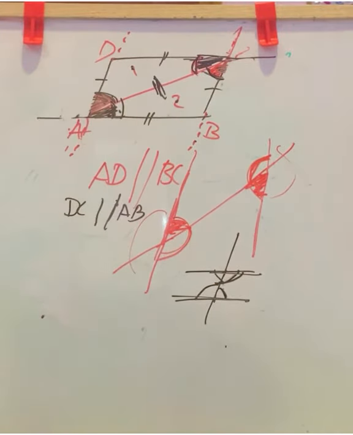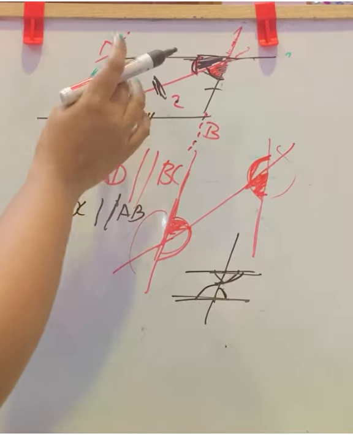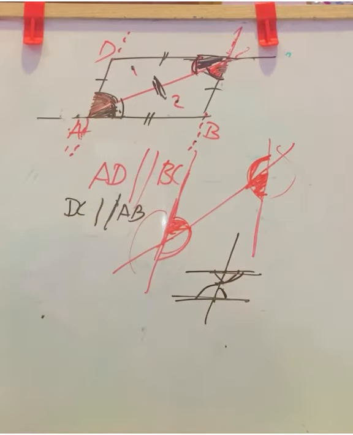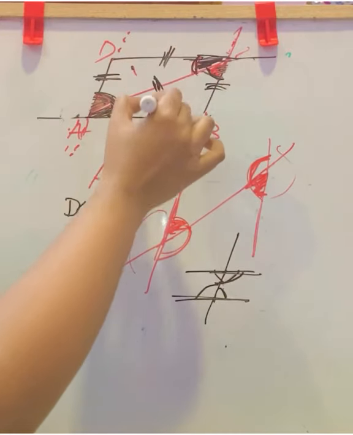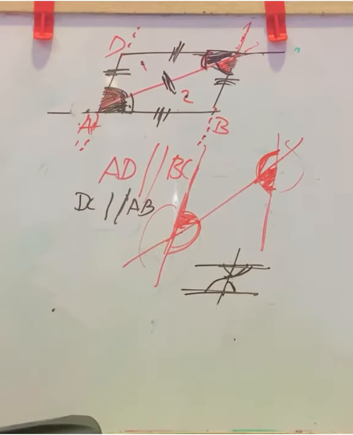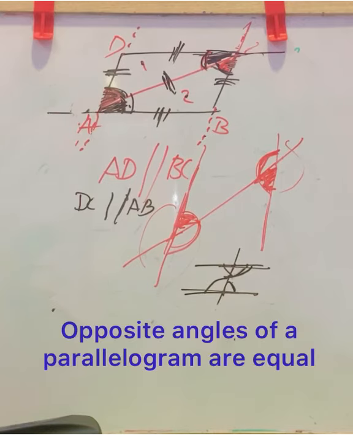So these two are congruent triangles, and we know in congruent triangles, corresponding sides are equal, or corresponding parts of congruent triangles are equal. So we will conclude that since these two triangles are congruent, these sides are equal. Next, let us prove the other property of a parallelogram, that is, opposite angles of a parallelogram are equal in measure.